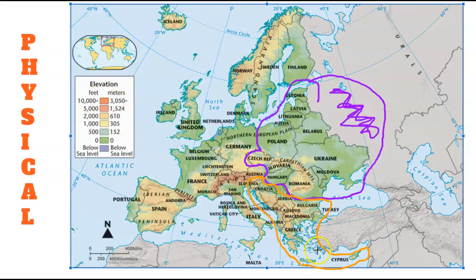We see the Aegean Sea, lots and lots of islands there. Cyprus is an island nation. We see the Adriatic Sea, the Aegean Sea, and then over here in the Cyprus area by these islands, that is still the Mediterranean Sea. So we can say that all of those physical features exist in Southeast Europe.